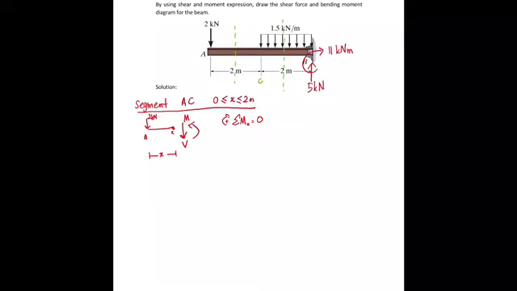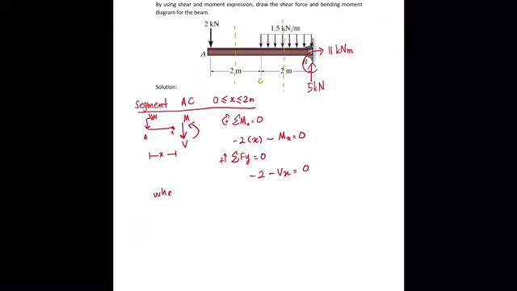When I take moment at x, I have negative 2 times x minus Mx is equal to 0. And I do the same for summation Fy is equal to 0, output is positive, then I have negative 2 minus Vx is equal to 0.